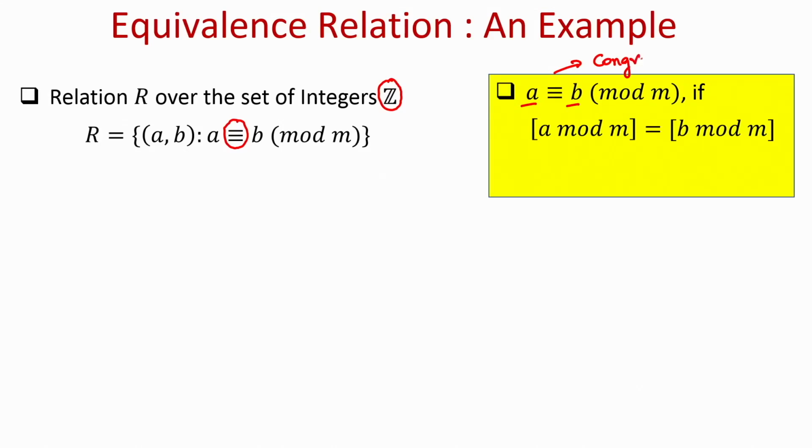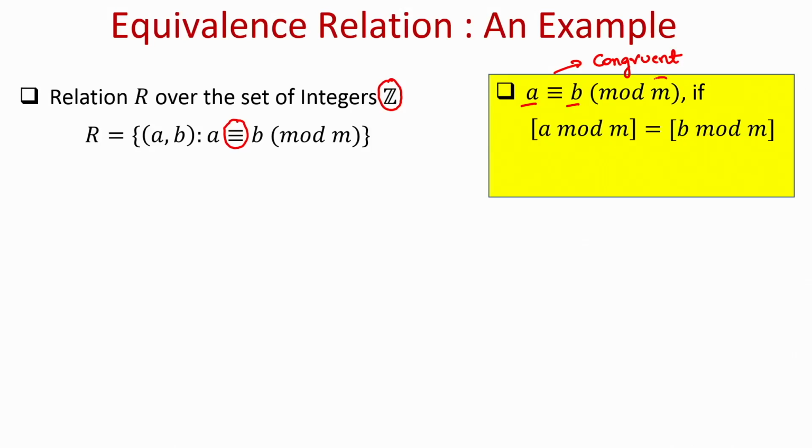with respect to modulo m if the remainder which I obtain by dividing a by the modulus m is exactly the same as the remainder which I obtain by dividing b by the modulus m.